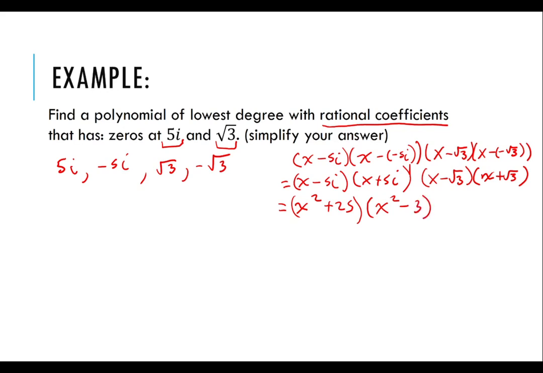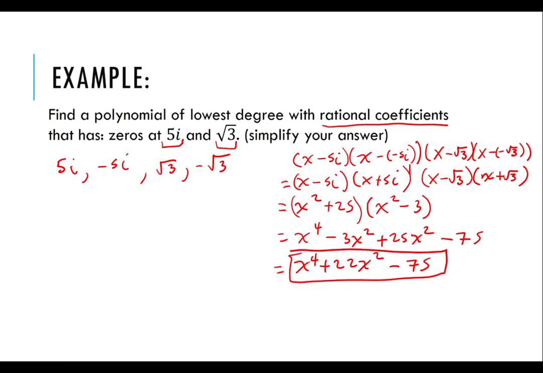Then we can multiply this together. That's going to give us x to the fourth minus 3x squared plus 25x squared minus 75. That is x to the fourth plus 22x squared minus 75. So this is the polynomial of lowest degree with rational coefficients that has the zeros 5i and root 3 in it.